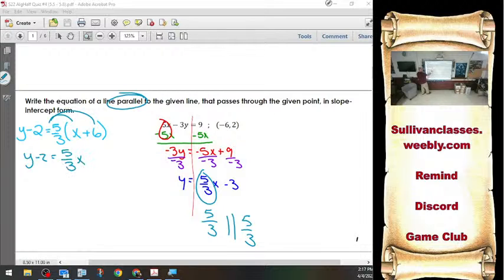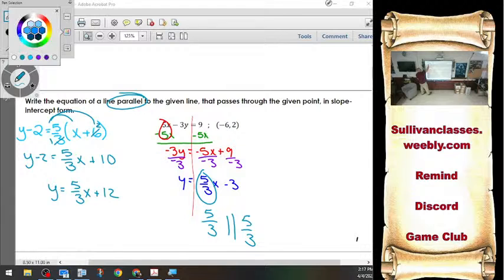Five thirds times 6. Remember, they reduce. 6 over 3 is 2 over 1, turning into plus 10. Add 2 over. I'm done.